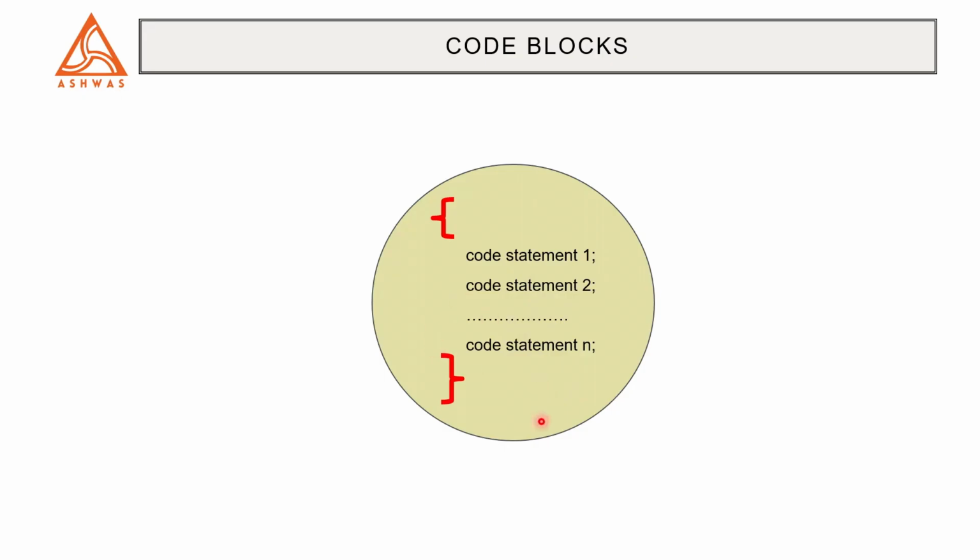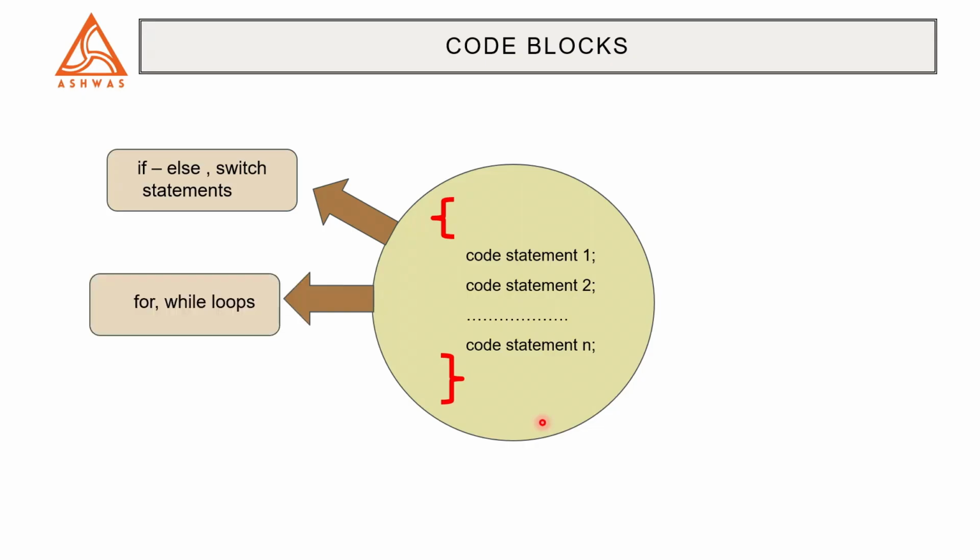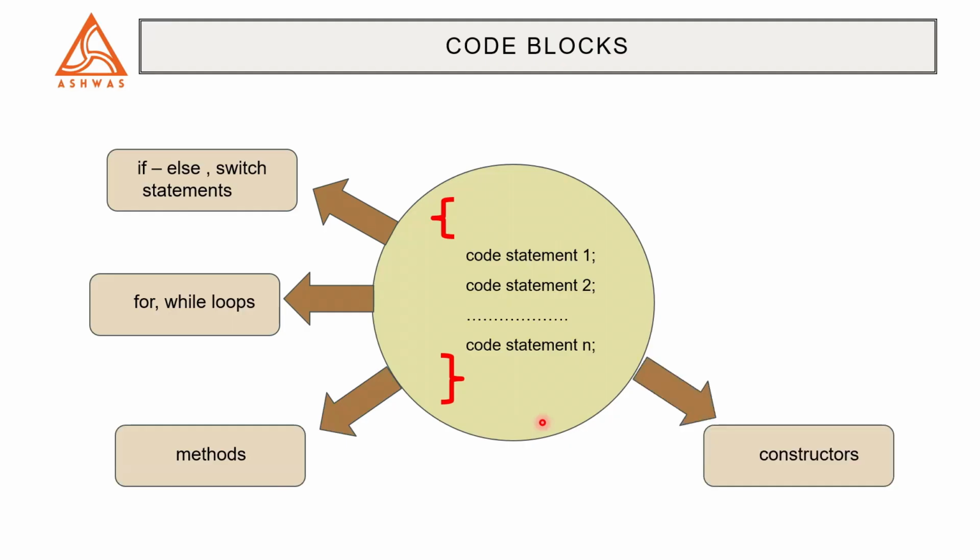These blocks could be named or unnamed. In case the code block is unnamed, it is called an anonymous block. We have seen such blocks as a part of our if-else example and when we wrote switch statements and switch expressions in the last video. We will be seeing such blocks when we do more of for and while loops, when we write our business methods, when we do constructors, when we write a class or an interface.